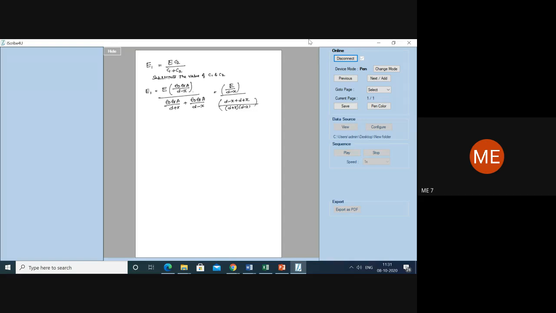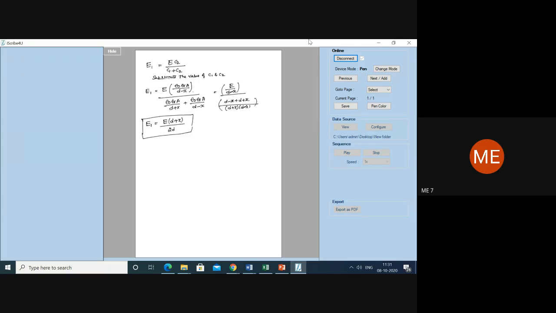Yes, sir. Therefore E1 becomes: d minus x will go away, and x and x cancel. Then it becomes E into d plus x, with d plus x going to the numerator, divided by d plus d, which is 2d. So this is the value of E1.